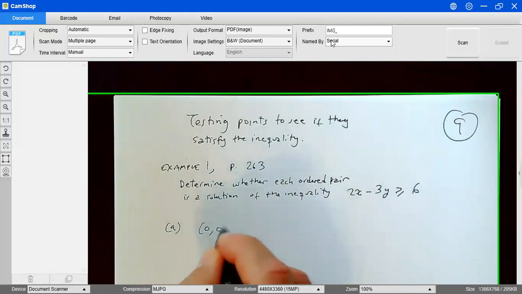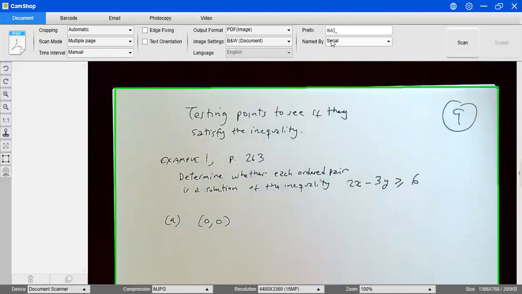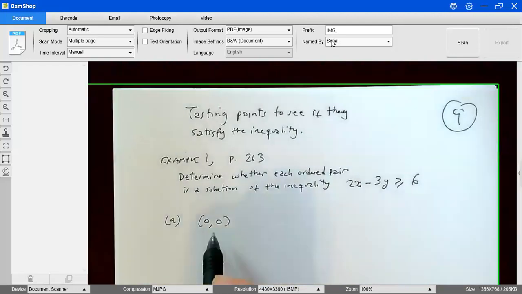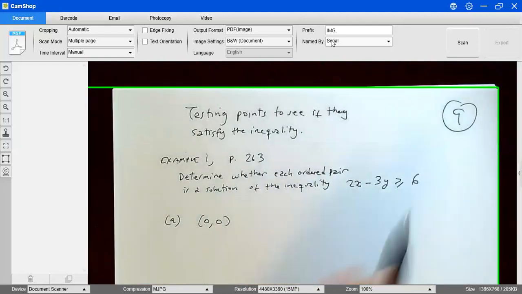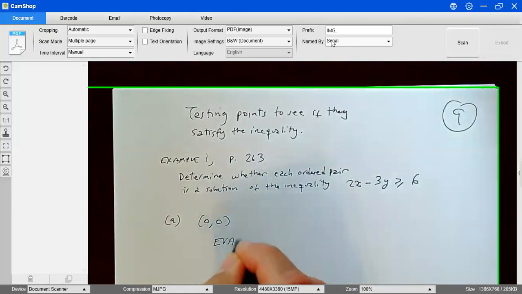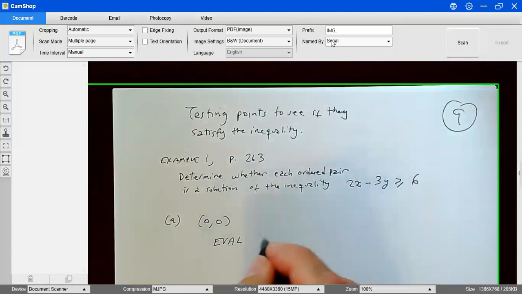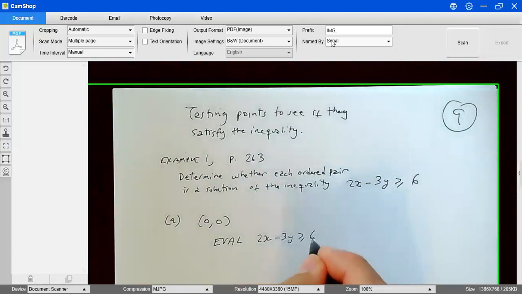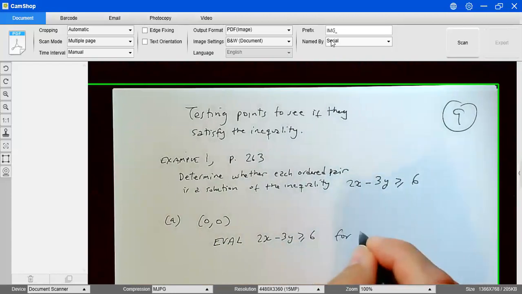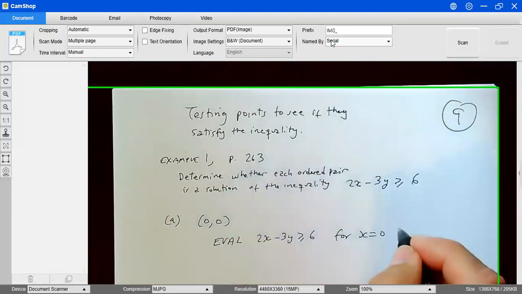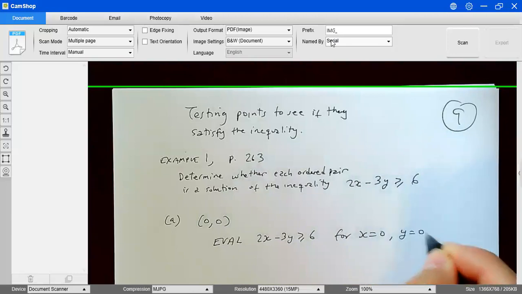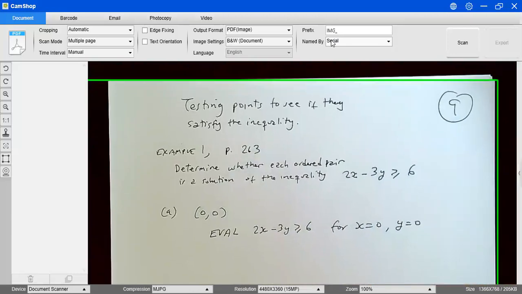We have 0, 0, because this is the testing that we're going to perform most of the time. So we're going to test whether 0, 0 is a solution for this inequality. We're going to evaluate the inequality 2x minus 3y greater than or equal to 6 for x equals 0 and y equals 0.